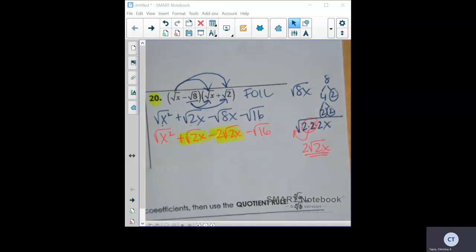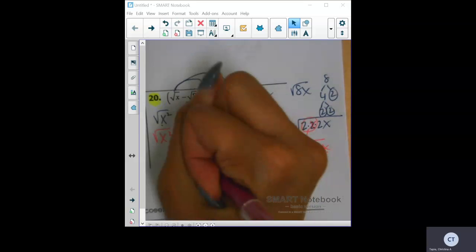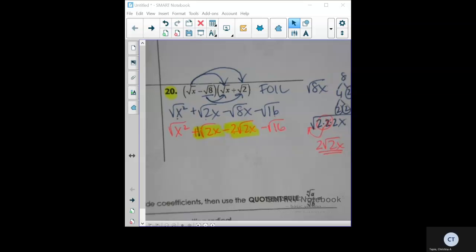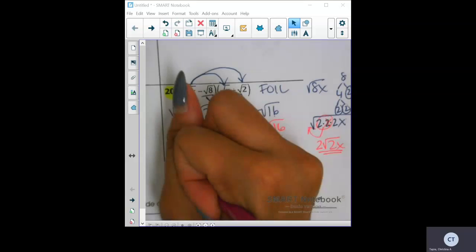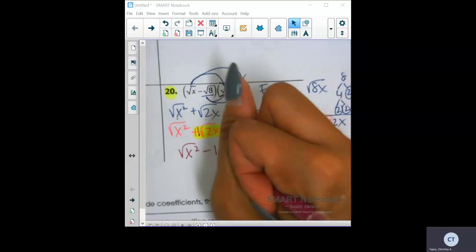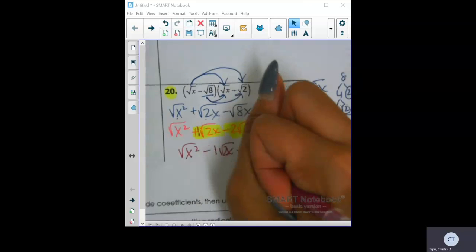When you subtract both of those, what are you going to get? You have a positive 1 minus 2. What's 1 minus 2? Negative 1. So we're going to have the square root of x squared minus 1 square root of 2x, minus the square root of 16.